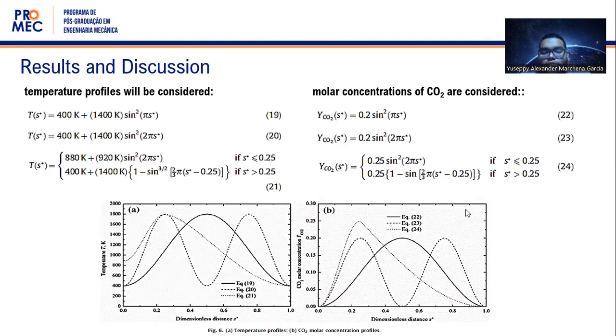All right. The accuracy of the WSGG model is evaluated through local maximum and average errors in the radiative heat flux and volumetric radiative source, as defined in equations 25a and 25b. This we are going to see in table 4, which we are going to explain later.